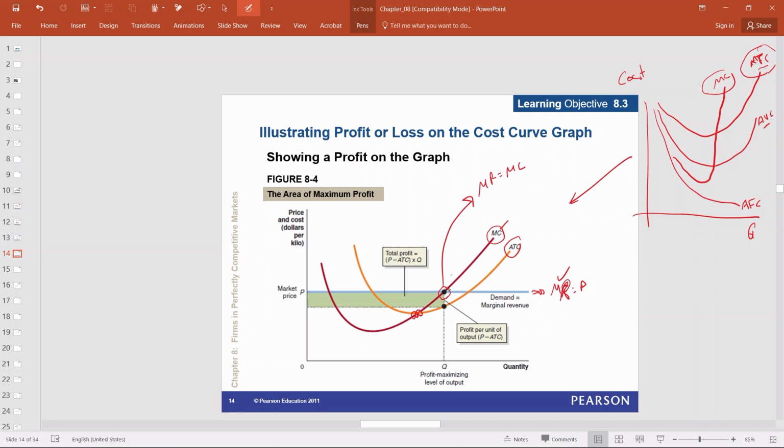So this is the level of output that achieves the maximum profit. If you go down from this level and hit average total cost, you see this level is already covered.